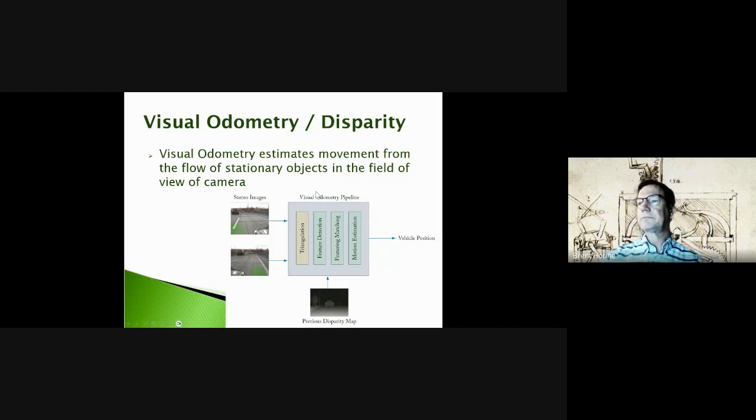And so we get some idea of distance, and now we can do this feature detection. We try to choose some objects. Now in this case, we're trying to determine how far our ego vehicle is moving, right? So we probably don't want to pick something else that's moving, right?